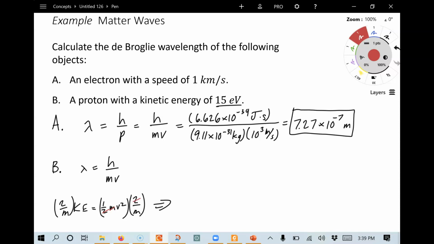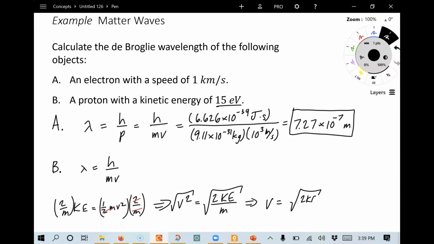So v squared is equal to 2 times KE divided by m. Let's take the square root of both sides. v in this case is equal to the square root of 2 KE over m.